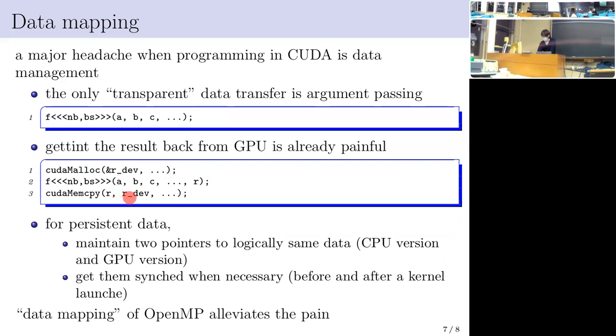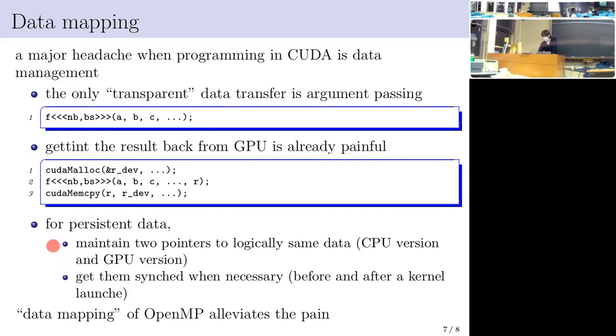And you get the contents, the data pointed to by this RDEV, back to CPU by calling CUDA memcpy, right? So it's already painful if you need to do this every time you run your kernel.